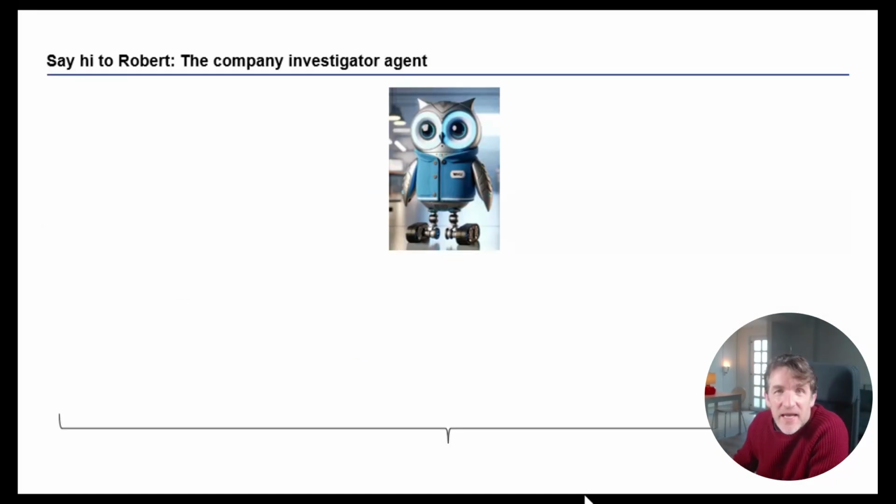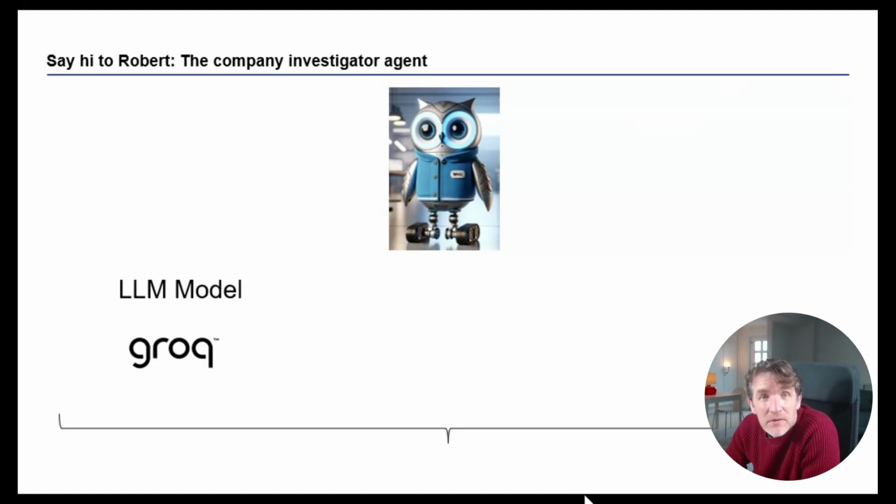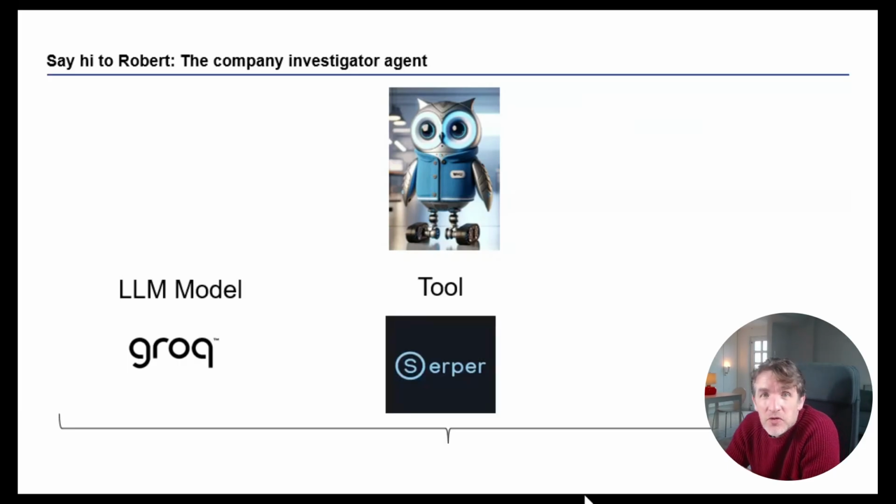For this agent, we will use Groq as the large language model. Why? Because via Groq we can access open source large language models for free. Then I will use Serper as a tool to allow Robert to go to the internet and search for information.